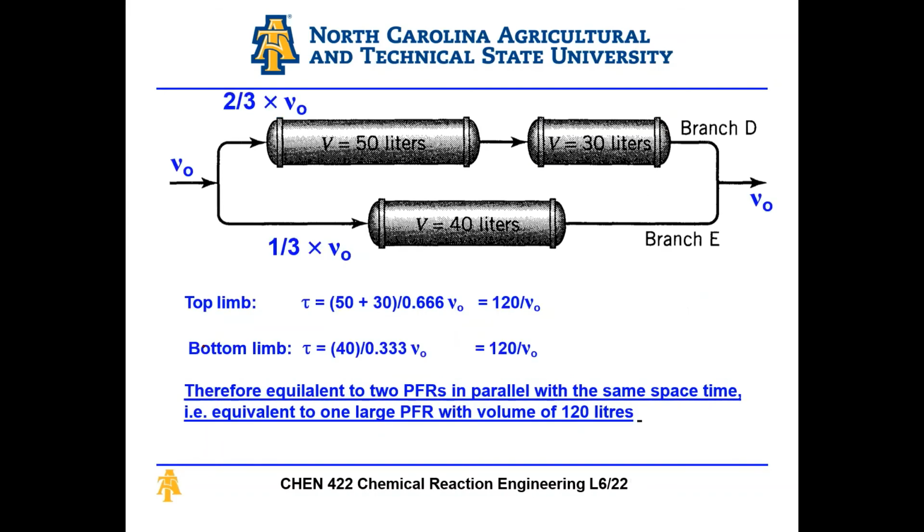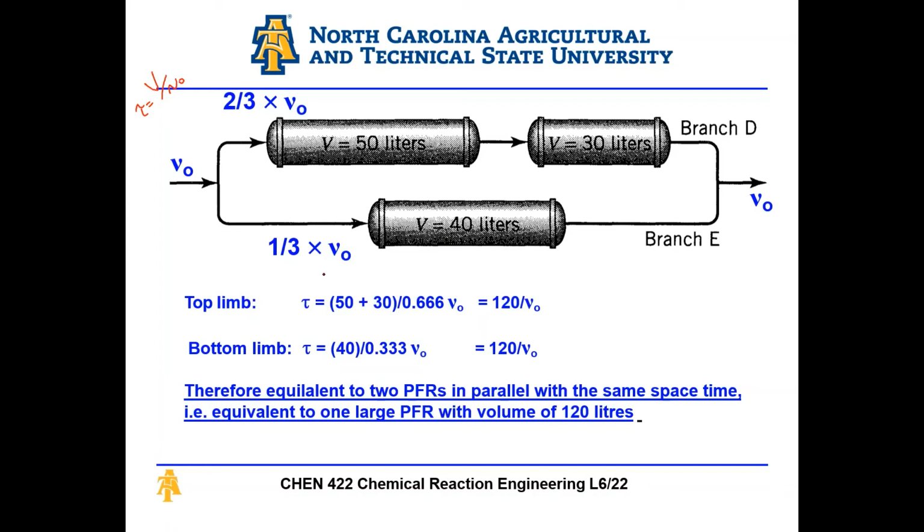So how do you achieve this? If you recall, by definition, tau is equal to V over v naught, where V is the overall volume of the reactor.